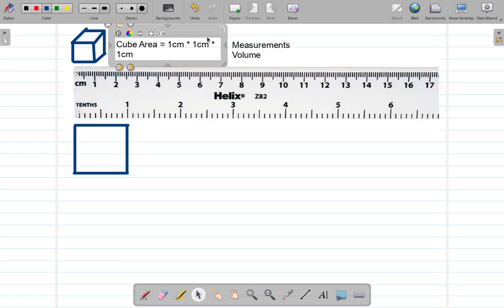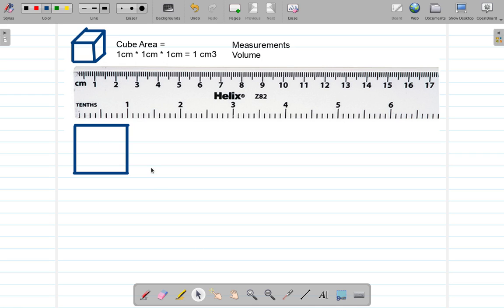And then what you get is 1 cubic centimeter. So it's 1 cm cubed, with the 3 normally a superscript, but you can call this 1 cubic centimeter as well. You notice 1, 2, 3 centimeters are multiplying, so you put a centimeter cubed here. The volume of this cube is 1 centimeter cubed.